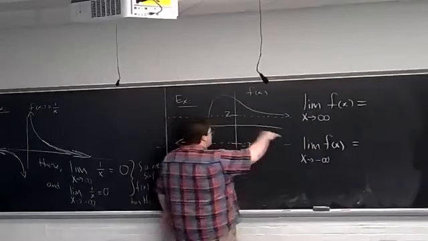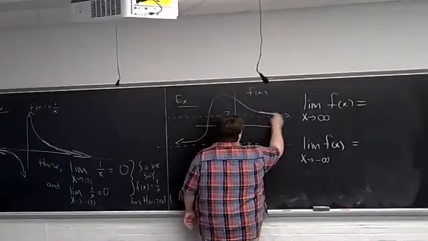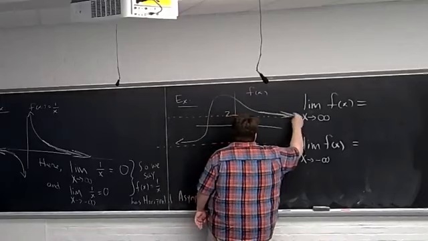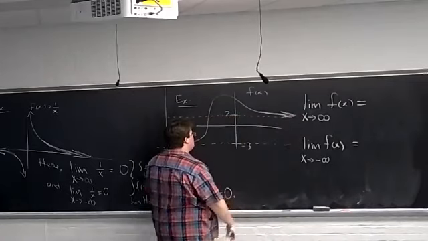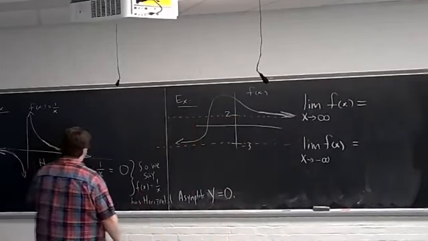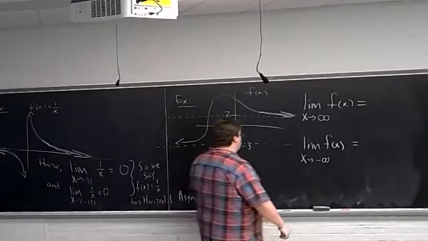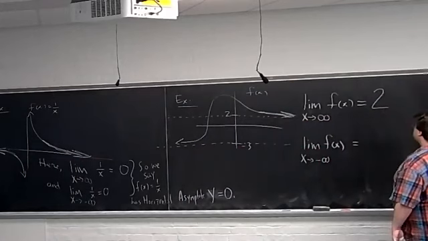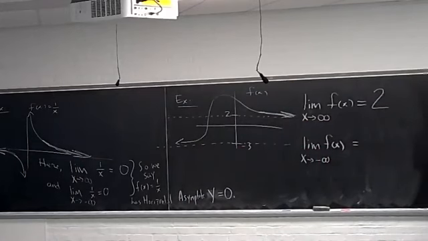As x keeps getting larger, this curve follows that arrow, which is approaching the line y equals 2. So it approaches the height 2, the y value of 2. So the limit as x goes to infinity of that curve is 2.